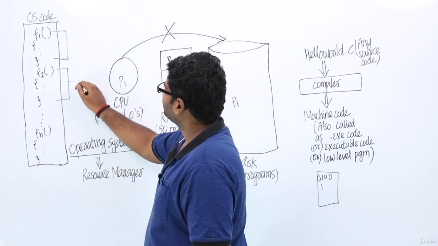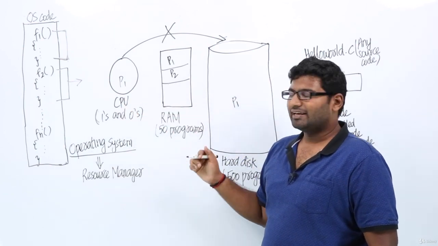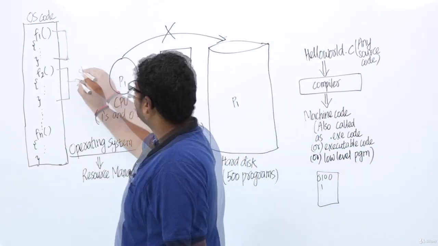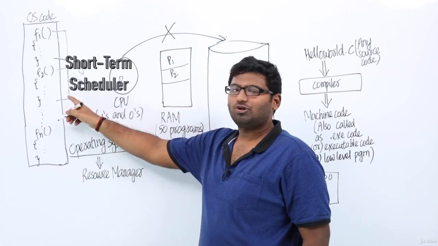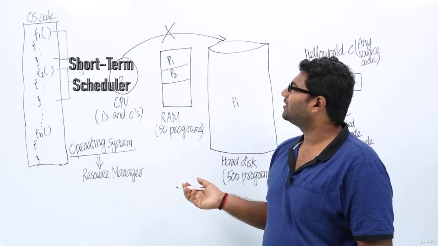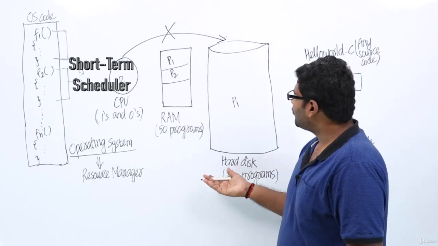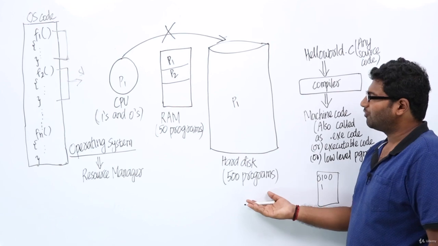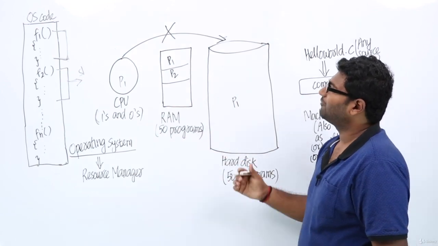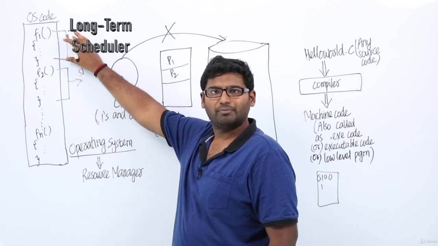This functionality which decides which process should access the CPU first is called the short-term scheduler. We'll see that later, okay? We are not actually discussing the advanced concept, I'm just giving you an idea. Among these 500 programs, 50 programs are chosen by a functionality called the long-term scheduler.